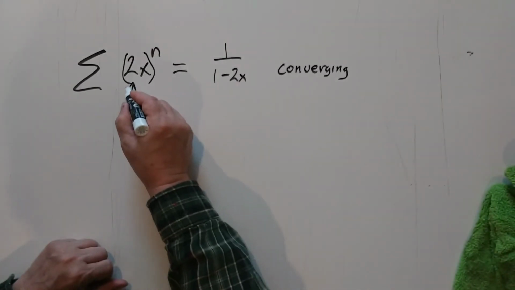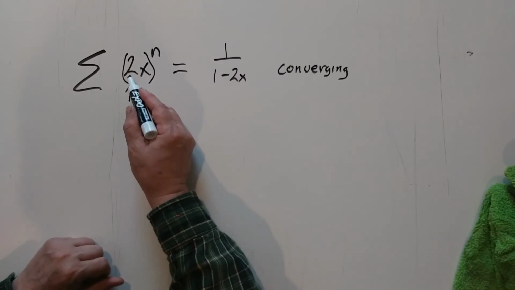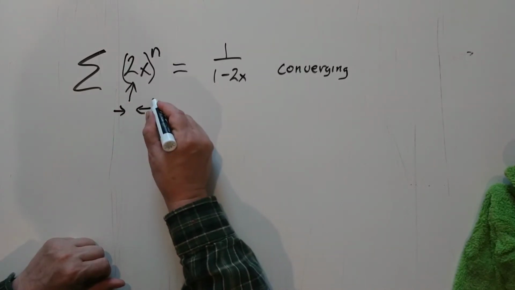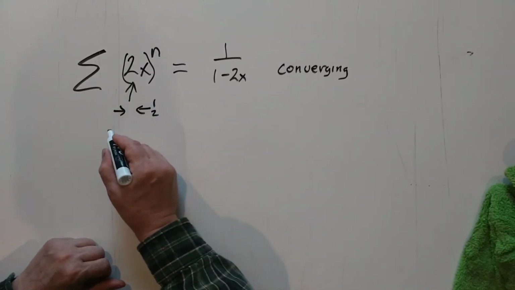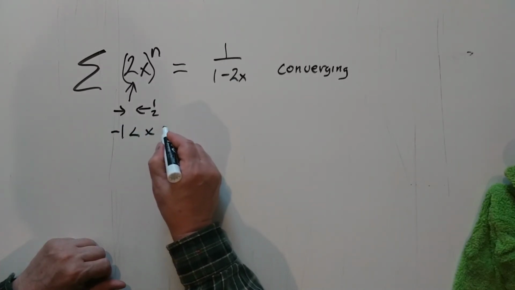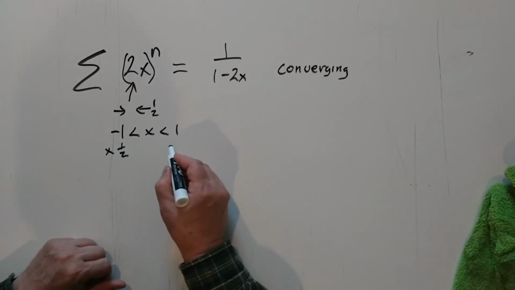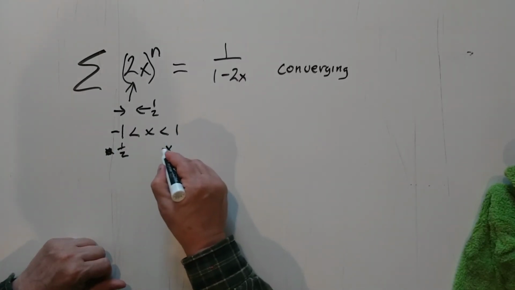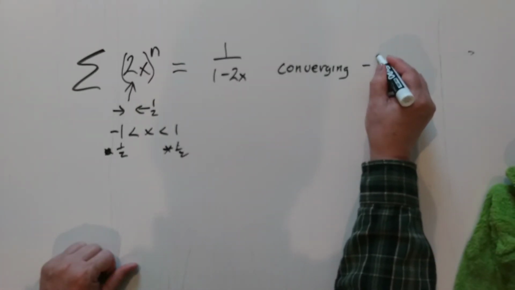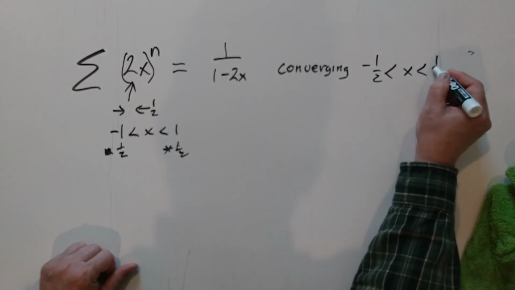Notice that when we're multiplying inside, that's a horizontal shrink if it's more than 1, so that's shrinking it. And so we would use 1/2. So my normal interval is from negative 1 to 1, and now we're going to shrink it by multiplying by 1/2, and that gives converging over the interval negative 1/2 to positive 1/2.